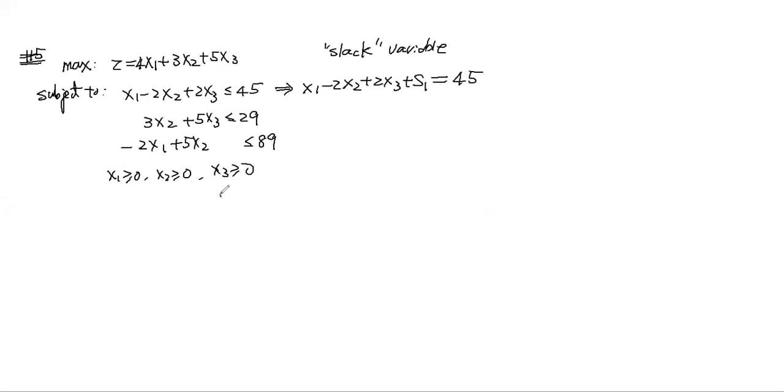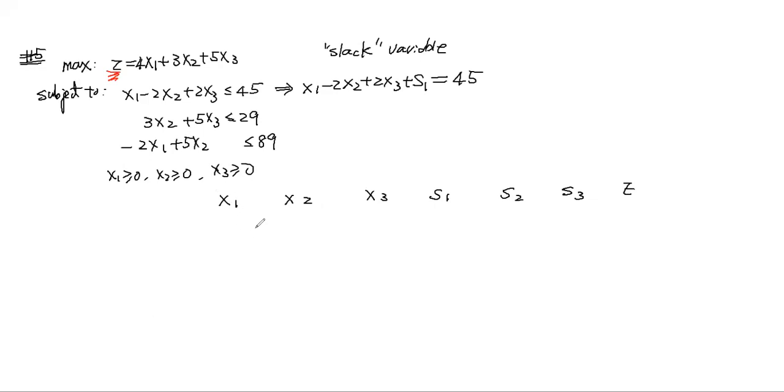We have x1, x2, and x3, and for each constraint you introduce a slack variable, so you have s1, s2, s3, and then you have a variable z. You list all the variables here, and now you put in the constants, which are the numbers in front of each variable.